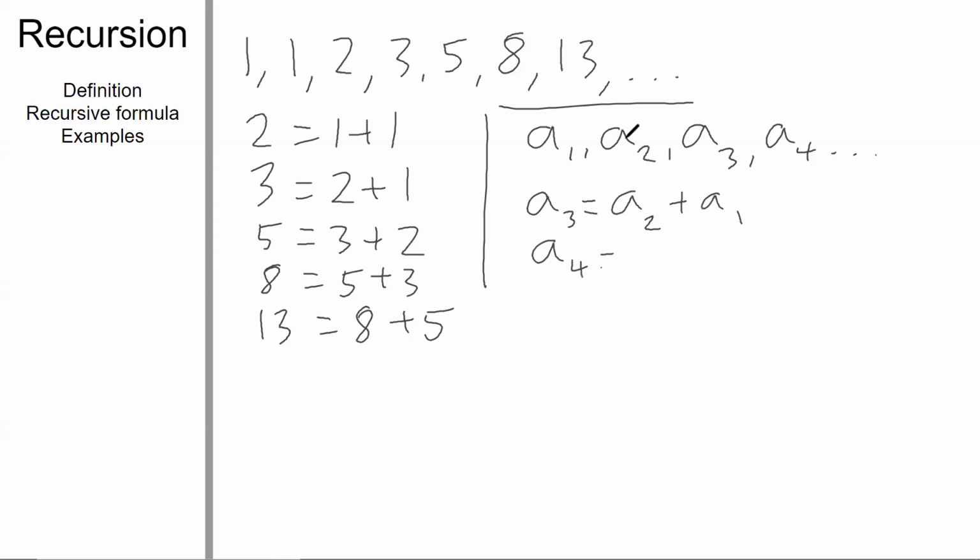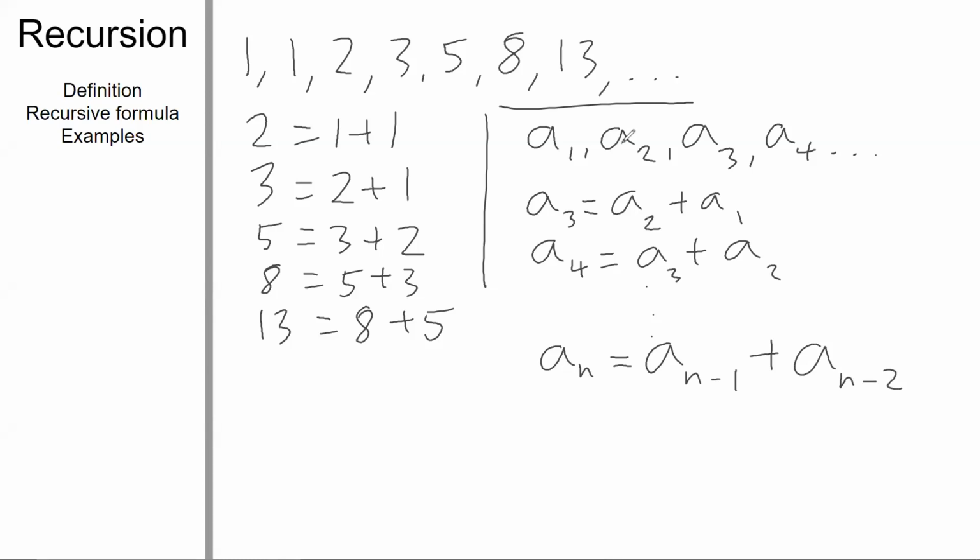A4 is equal to A3 plus A2, ... So in general, if we have a term AN, what would that be equal to? Well, that would be equal to AN minus 1 plus AN minus 2.